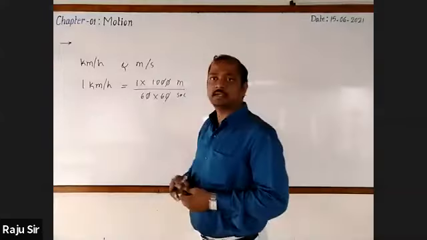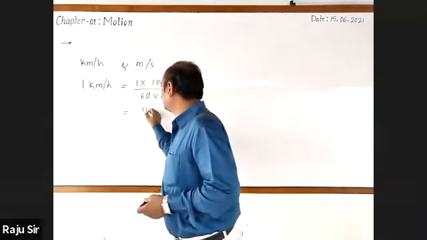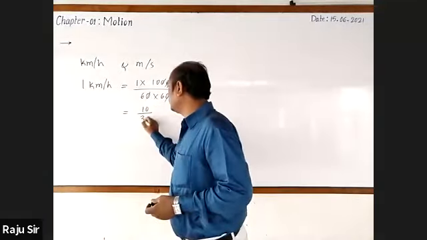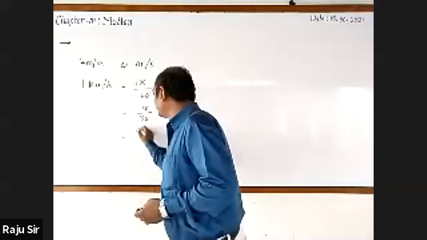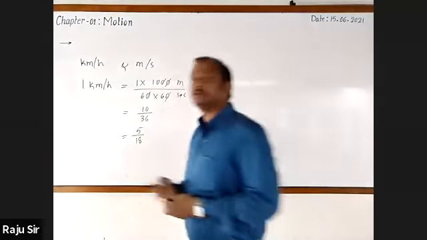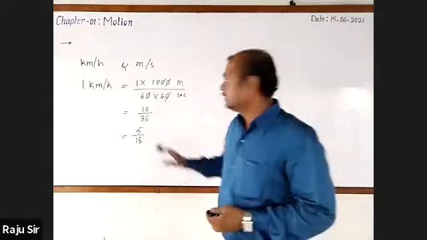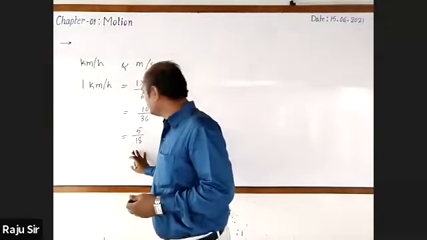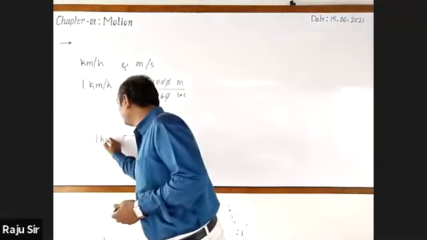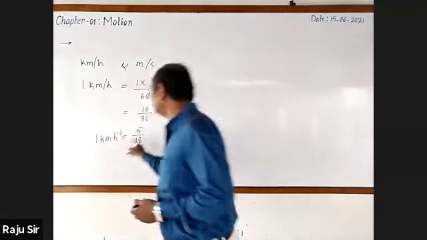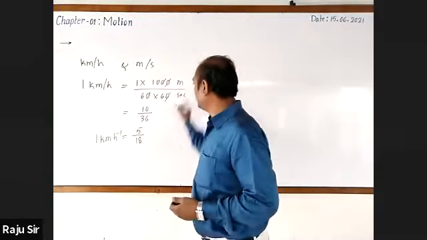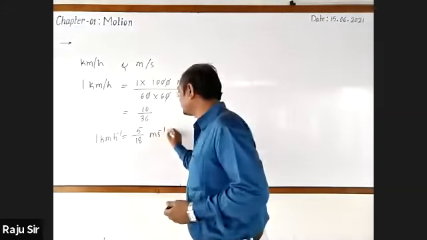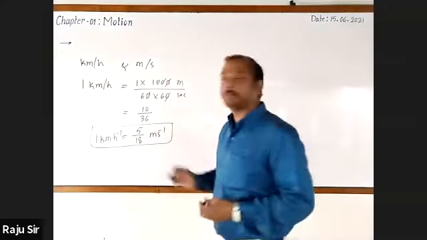3600. Now, the zeros get cancelled. You get 10 by 36, which can be written as 5 by 18. From this we can say that 1 kilometer per hour is equal to 5 by 18 meter per second. You have to remember this one.